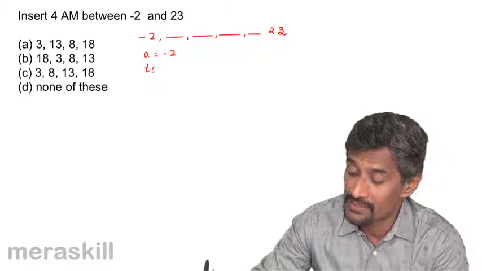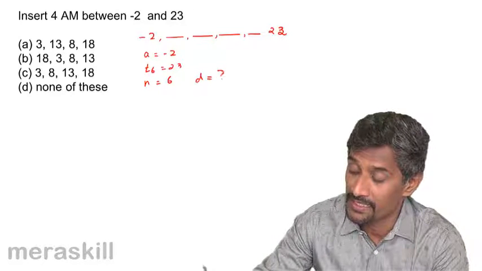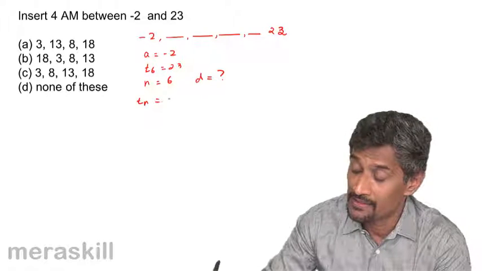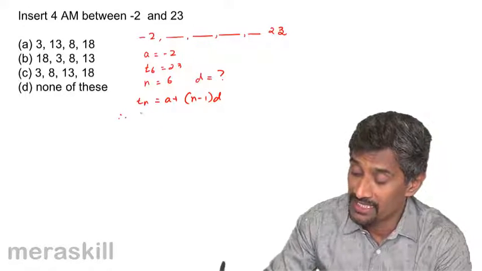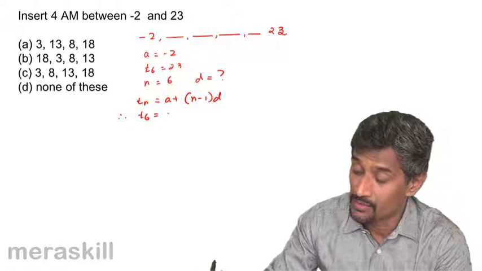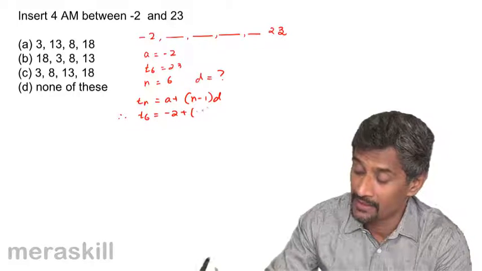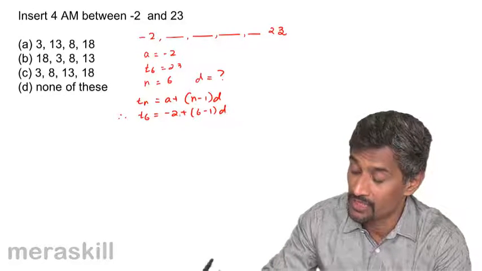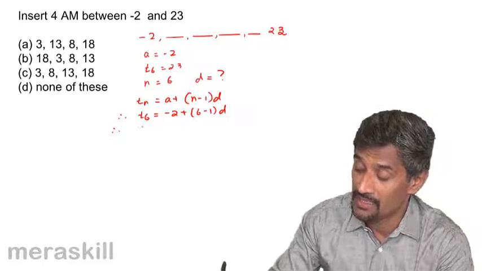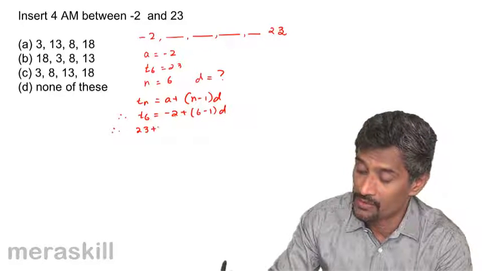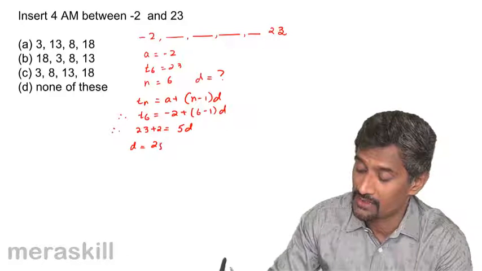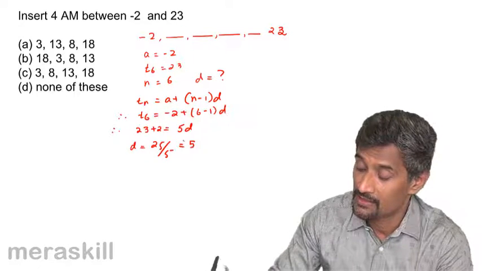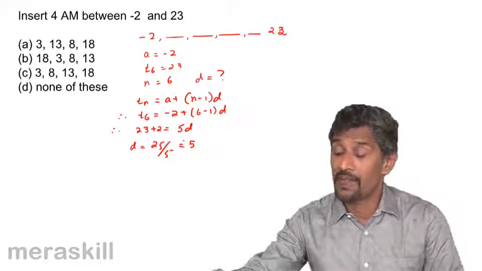So T6 is 23, N is 6, we need to find D. So we have Tn is equal to A plus N minus 1 into D. So T6 is equal to minus 2 plus 6 minus 1 into D. T6, of course the last term, is 23. So 23 plus 2 is equal to 5D. So D would be 25 by 5, which is 5. That means 5 is being added.